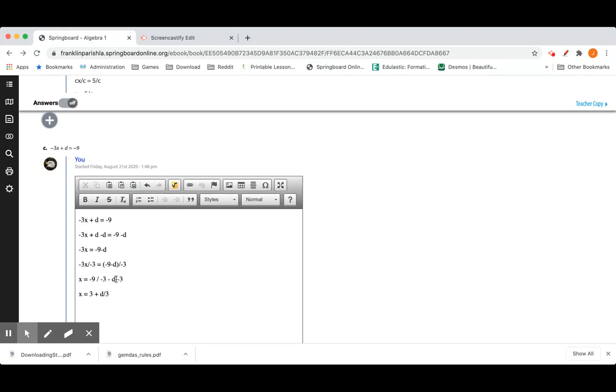A negative divided by a negative, because remember, another way to write this is if we had -9 divided by -3 plus -d divided by -3. Remember, subtracting is the same thing as adding the inverse or the opposite.